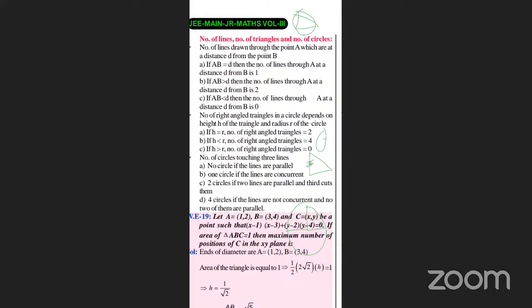So if h is greater than r, that is, if the height of the triangle is greater than r, sorry, what I drew is wrong. If this is h, then for a right angle triangle, just a minute. I can draw two right angle triangles like that.